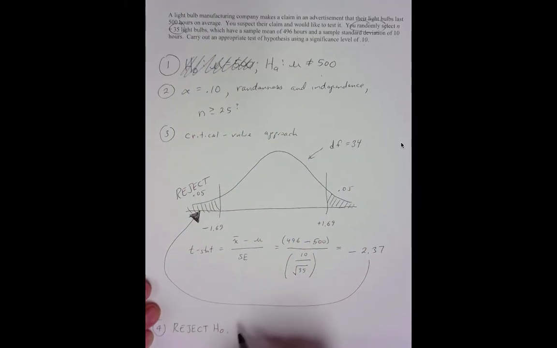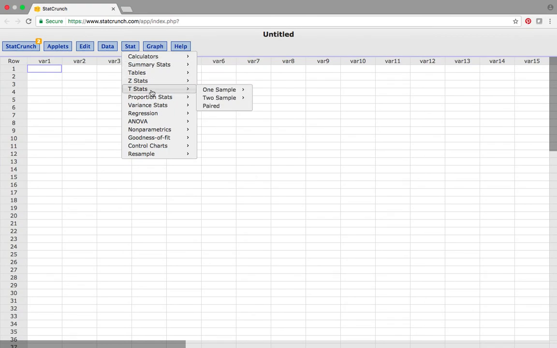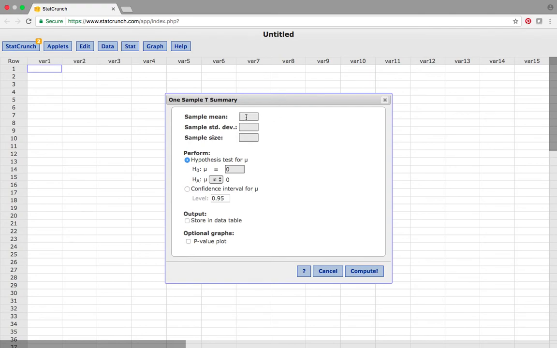as what they claim. Now, what would be really cool is to perform a confidence interval to see exactly where this lies. So I can do that. Go to T Stat, one sample with summary. Sample mean is 496. Sample standard deviation is 10. Sample size was 35. Come down to confidence interval. We had a significance level of 0.10, so we want a confidence level of 0.9.